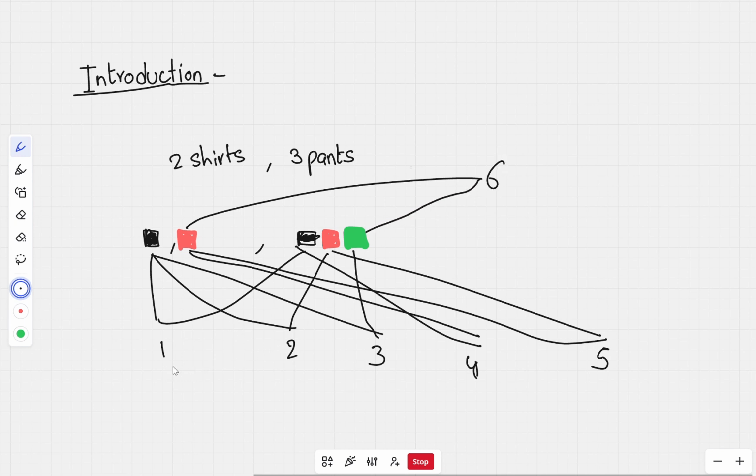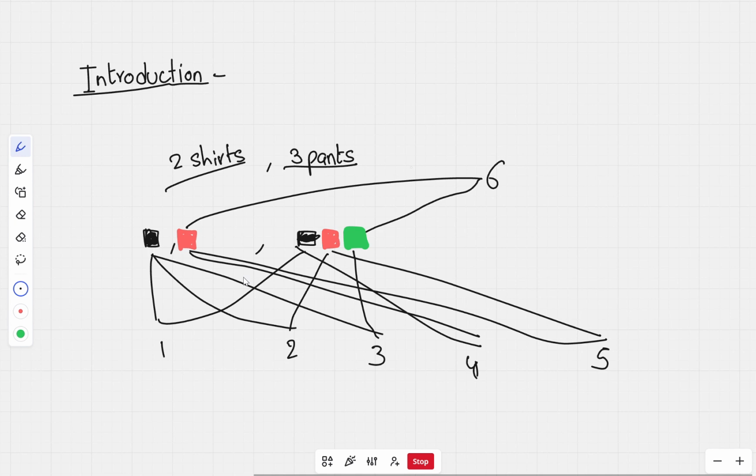So we can see there are 6 possibilities of outfits we can make without repeating, and we got the same by just multiplying the 2 shirts and 3 pants. So this is PNC in real life.